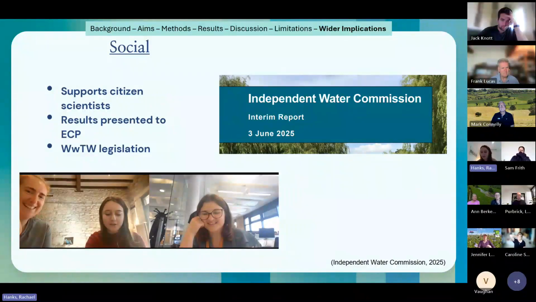It also agrees with the Independent Water Commission report that I'm sure many of you have seen, published a couple of weeks ago at the start of the month, stating that the Environment Agency is going to need increased funding to respond to these increased disturbances in wastewater treatment works, which I saw firsthand when the Blackwater was discharging.